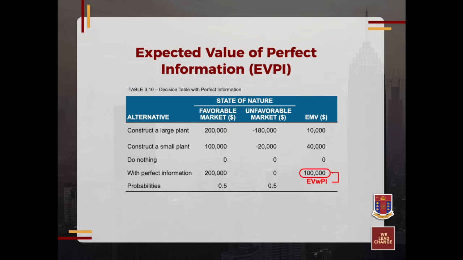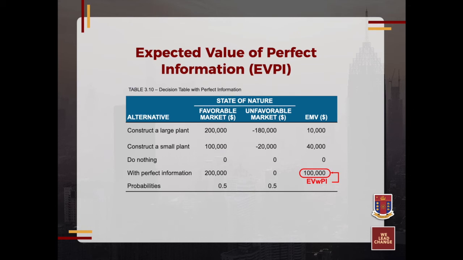The next thing to do is to compute for the EVWPI. Now, for the EVWPI, that is 200,000 times 0.5 plus 0 times 0.5, which gives you $100,000. As for the EMV, we have already computed those other things, the 10,000, 40,000, and then the 0.